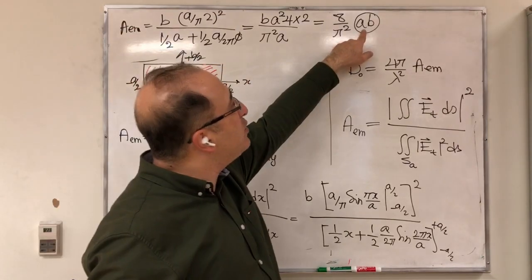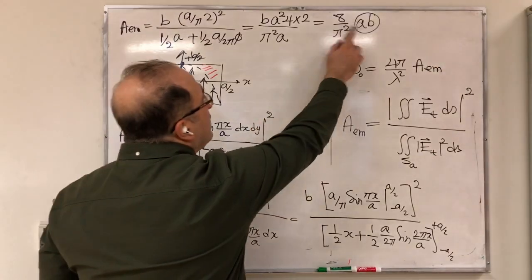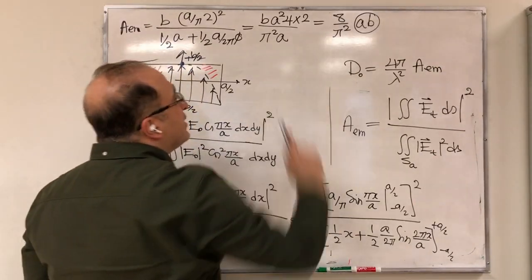But it includes the geometrical area AB anyways. But then it's not 1 times AB, it's 8 divided by pi squared.